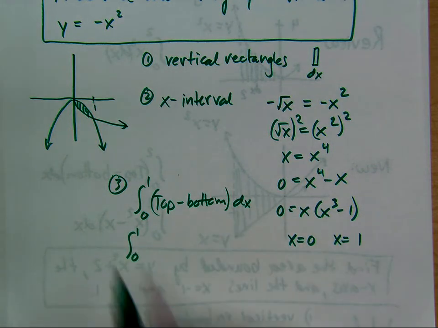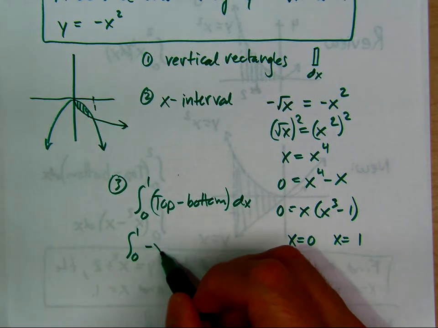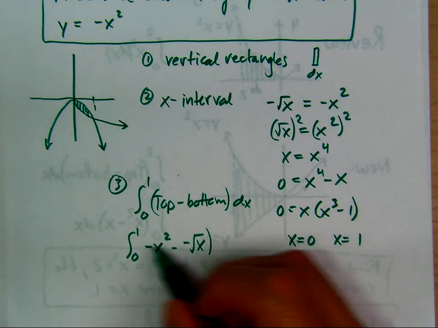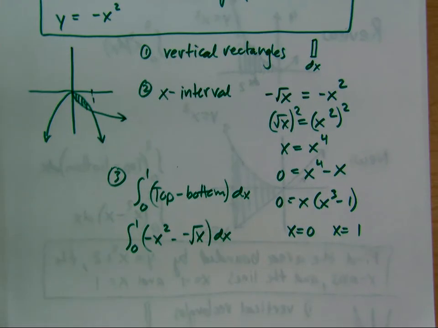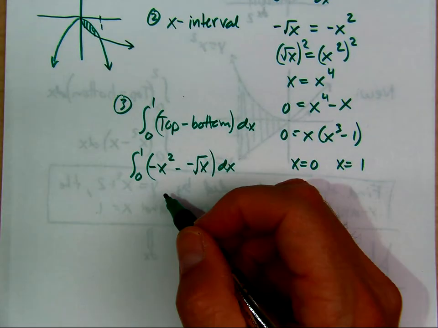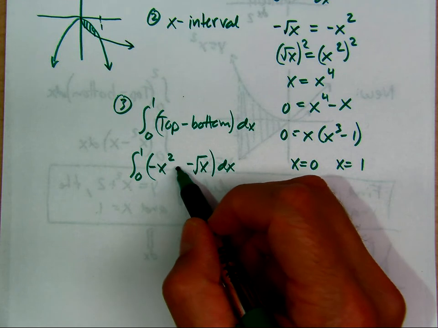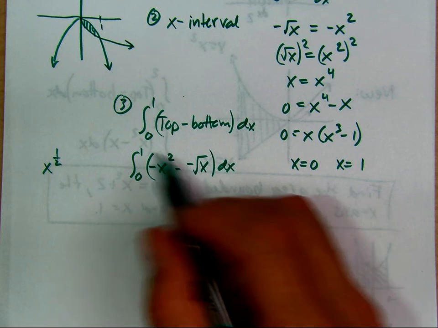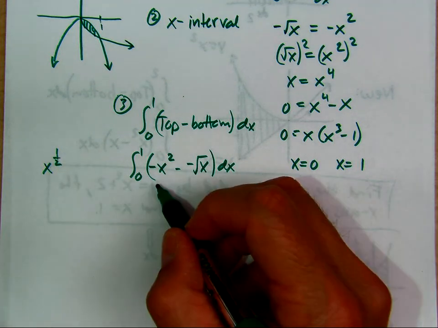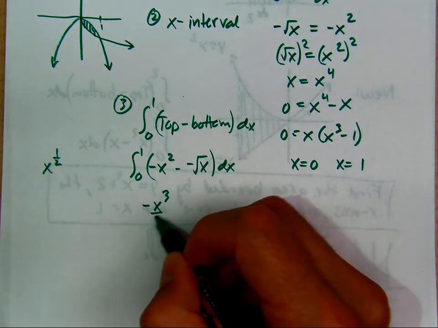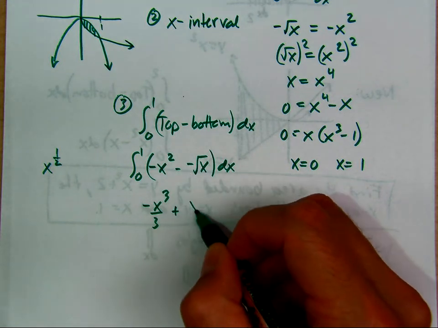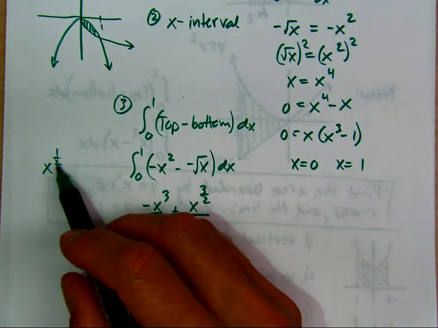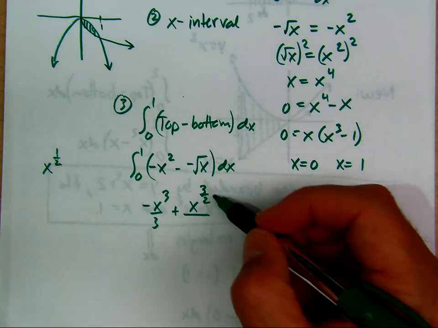Alright, the top curve is the parabola, and the bottom curve is the radical. And we'll have this is x to the 1/2. Remember that radical is x to the 1/2, so we're going to add 1 and then divide. We have negative x cubed over 3. This will be plus x to the 3/2, because it started out as a 1/2 and we have to add 1 to it, so we'll get 3/2.